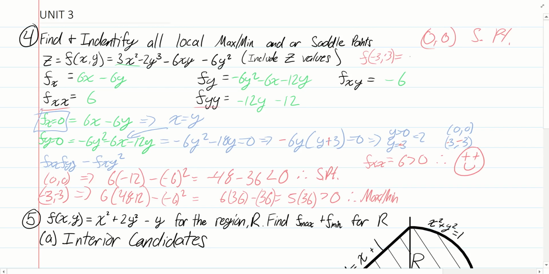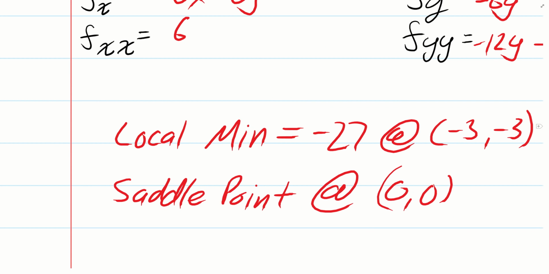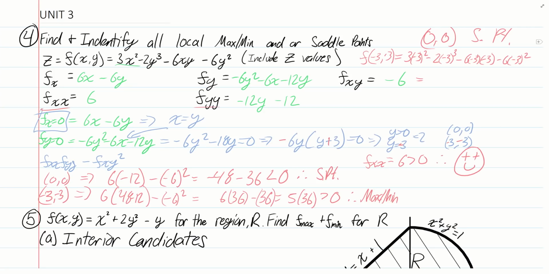It's going to be equal to 3 times negative 3 squared minus 2 times negative 3 cubed minus 6 times negative 3 times negative 3 minus 6 times negative 3 squared. I'm just going to go to the answers because I don't want to do this algebra right now.